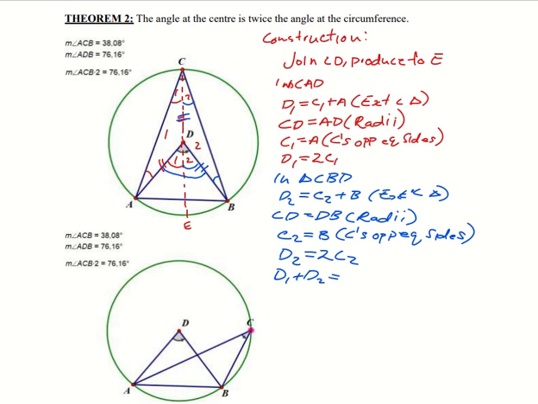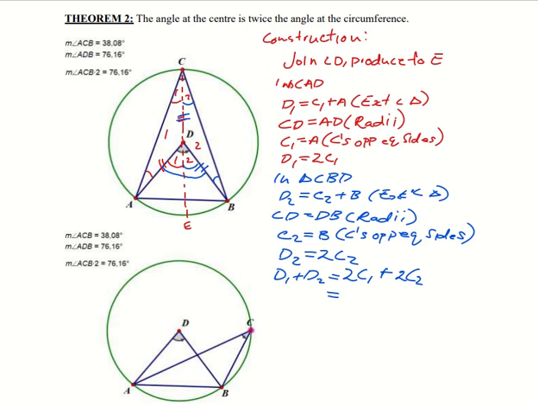But we've discovered that D1 is equal to twice C1, which is one of the angles at the circumference, plus twice this other angle at the circumference, which is C2.